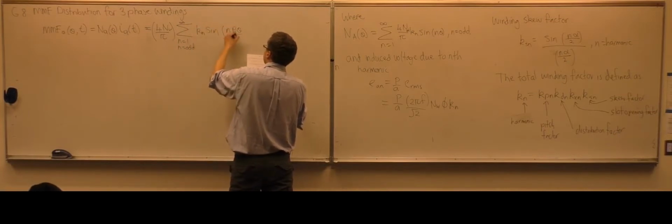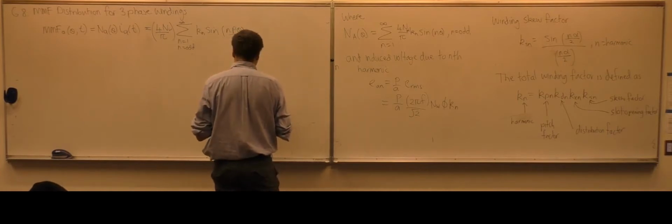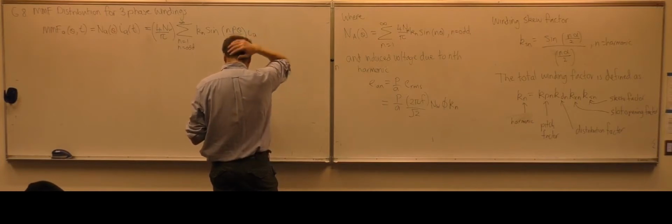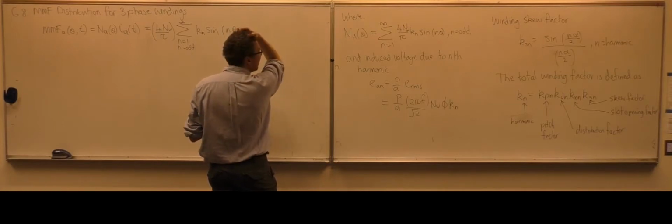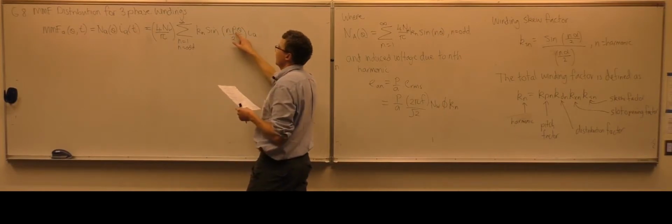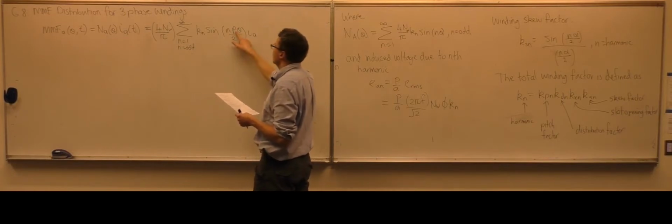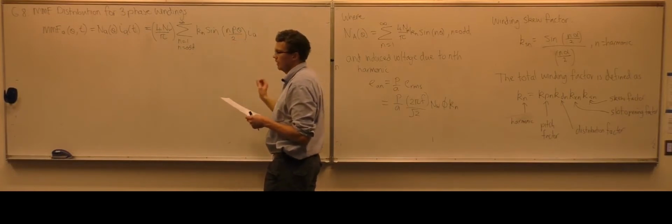Here we have P for poles, not pole pairs, so we divide by 2 to give us pole pairs.